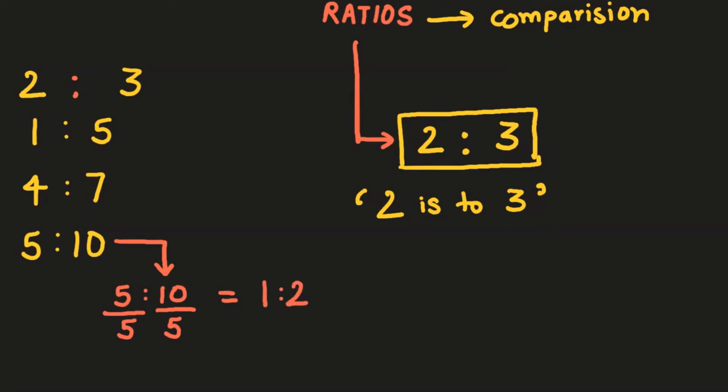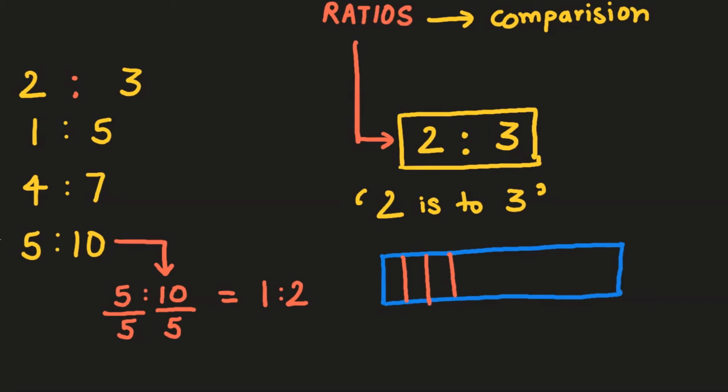Now I can also do this in another way. Let me make a bar, and I'll divide it into 10 equal parts. 1, 2, 3, 4, 5, 6, 7, 8, 9 and 10.